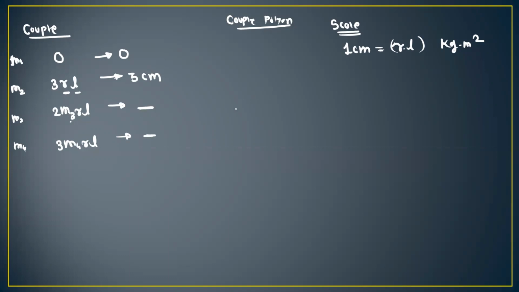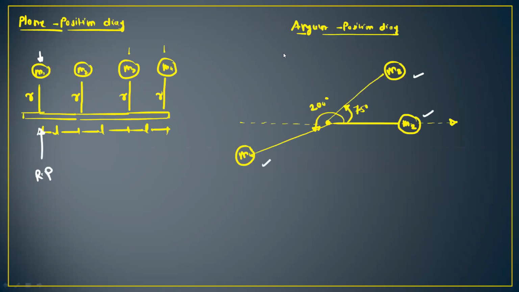Okay, now refer to the angular position diagram. So for the angular position diagram, this is mass m2 at 0 degrees. Then at 75 degrees, we have the mass m3.